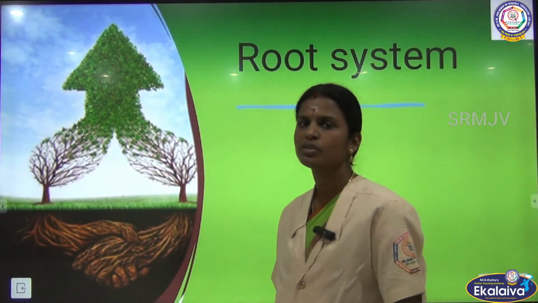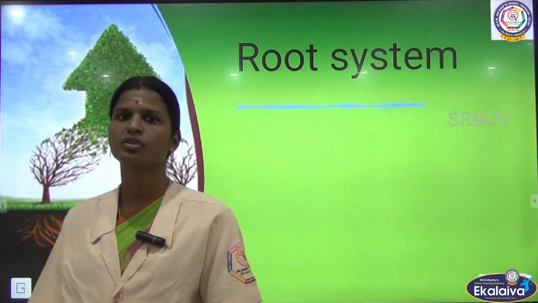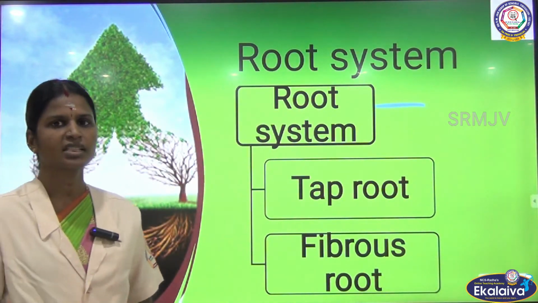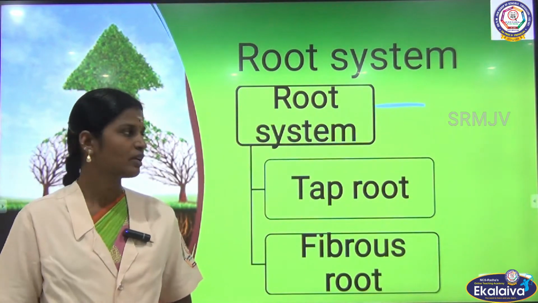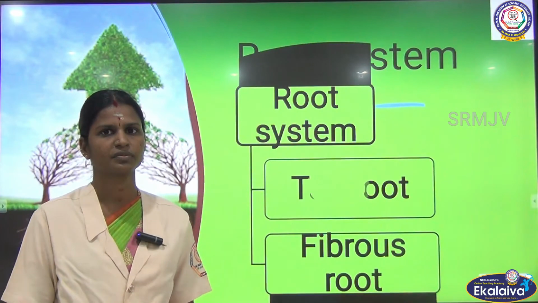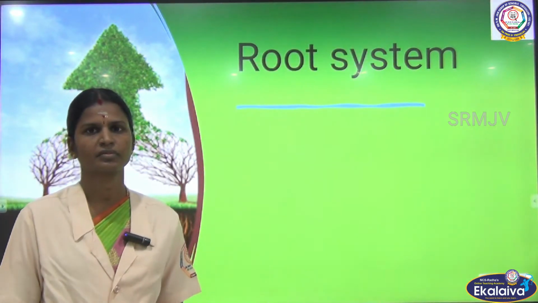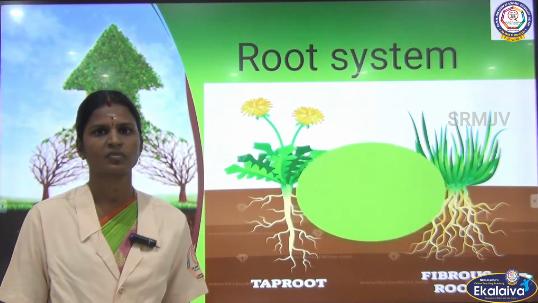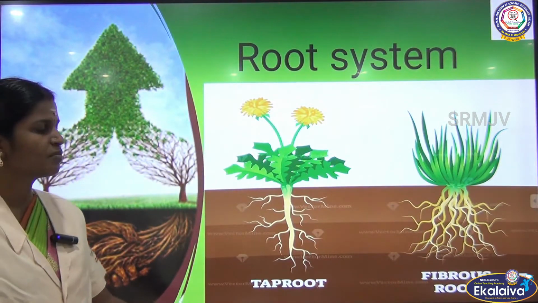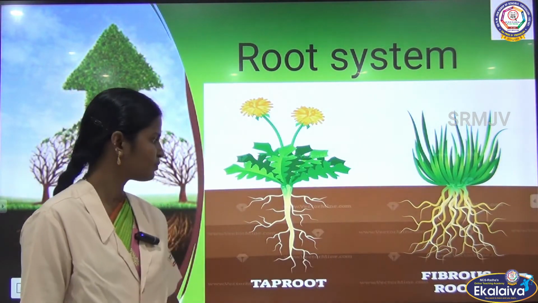And now we are going to see about the different types of root system. Root system is broadly classified into two main types. One is taproot system and the other is fibrous root system. This picture represents the structure of taproot system and fibrous root system.